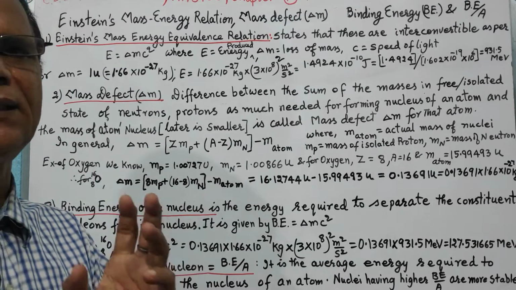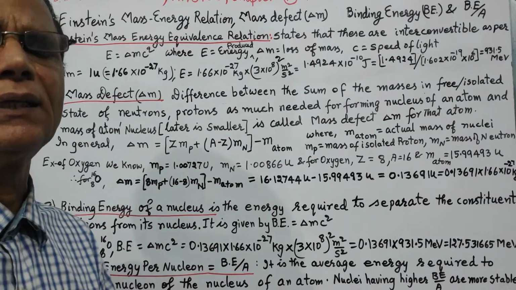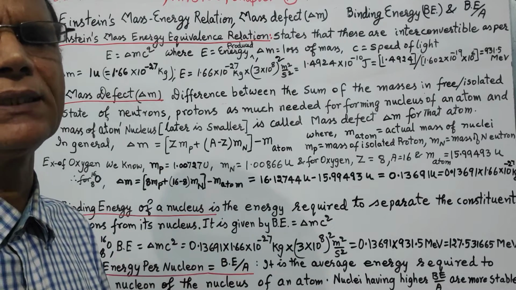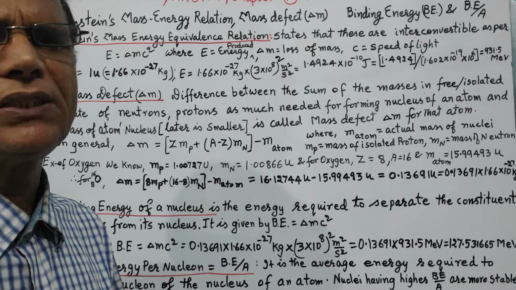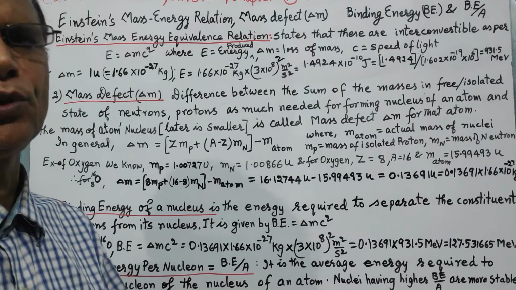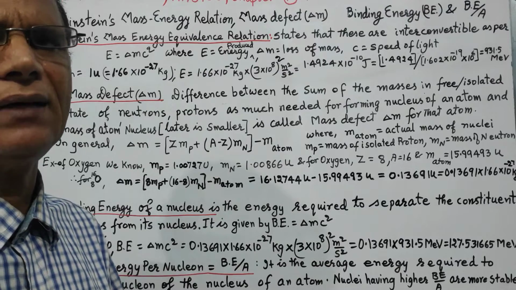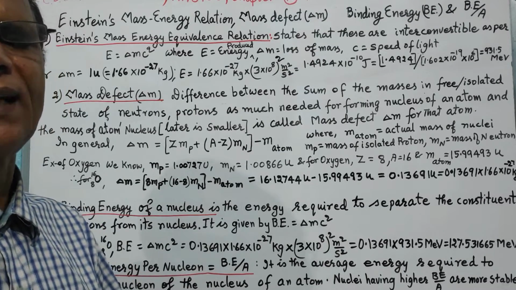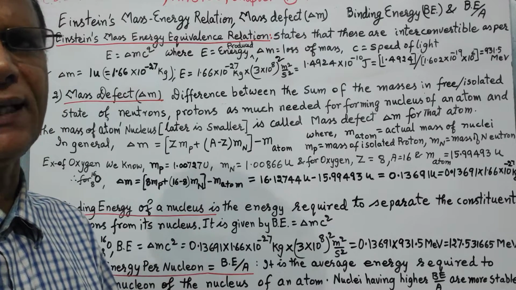Let me make it more clear. Say, for example, we consider the oxygen 8O16 isotope. In this case we have 8 protons and 8 neutrons in the nucleus.